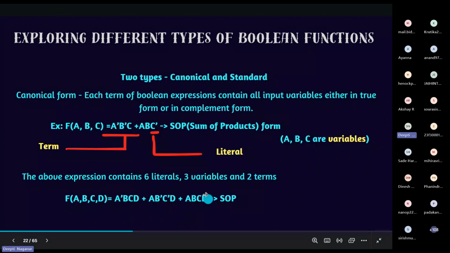Now I have another example here, that is f of a, b, c, d, and this is the expression. So this is also said to be in canonical form, right? So how many literals, how many variables, and how many terms are there in this function? Can you text me in the Q&A section?